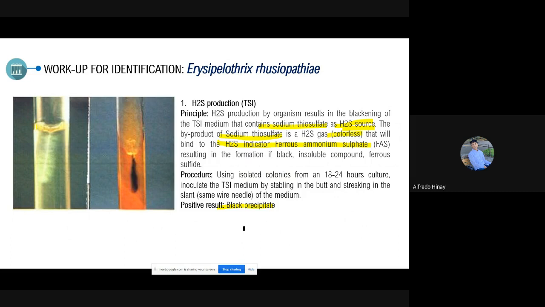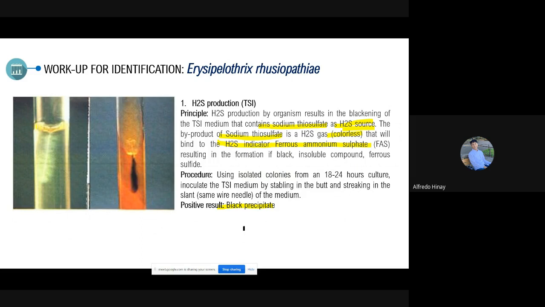So yung H2S source natin, class, is sodium thiosulfate. Tapos, your sodium thiosulfate, kakainin ni Erysipelothrix, hindi kakainin ni Listeria and other organisms. So, ang mangyayari, class, si Erysipelothrix lang ang may kakayanan na kakainin si H2S source na sodium thiosulfate.